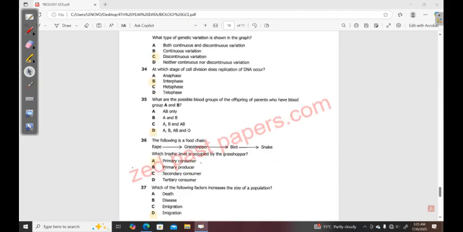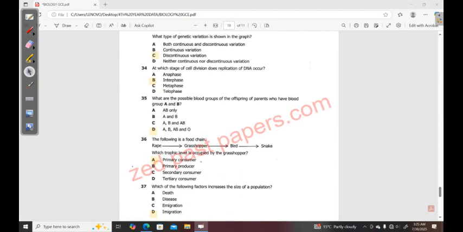At which stage of cell division does replication of DNA occur? So replication occurs in the stage called interphase. In this stage we have what we call the G naught.